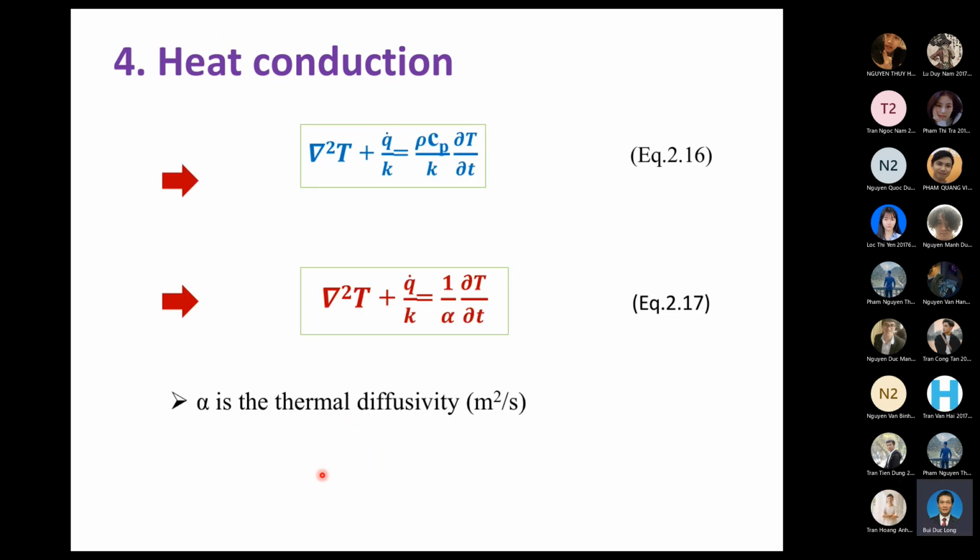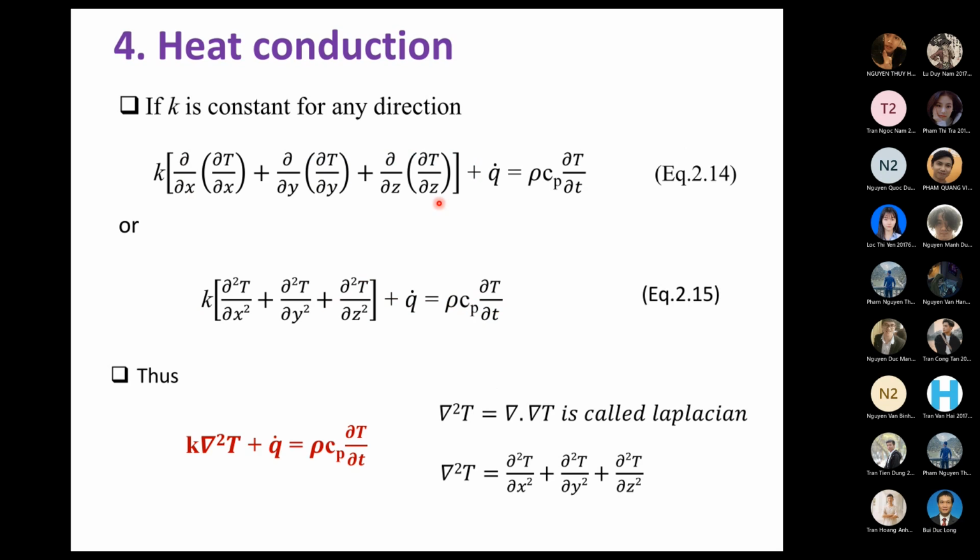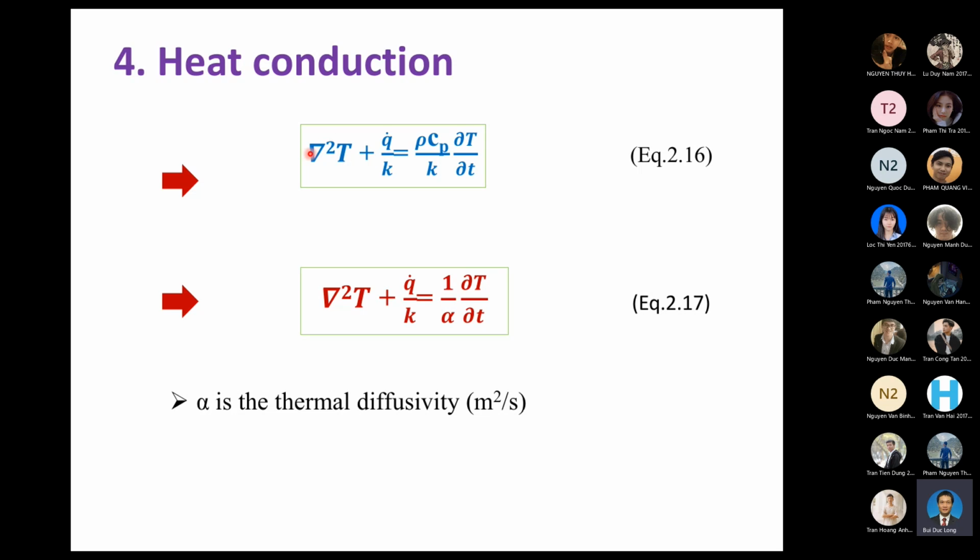We can continue to simplify this equation by dividing all terms by k. So we have the Laplacian of T plus q divided by k equal to rho cp divided by k multiplied with this, and this term will be equal to alpha, as I mentioned before.